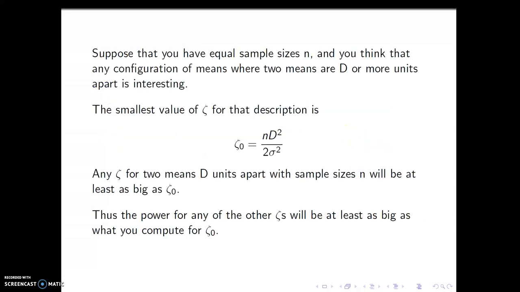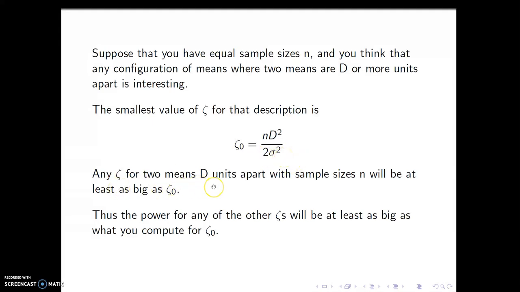So suppose you have equal sample sizes and you think that any configuration of means where two means are d or more units apart is going to be interesting, and you get that from your own expertise or the person you're collaborating with. So the smallest value for that non-centrality parameter from the F distribution is going to be n times d squared over 2 times sigma squared.